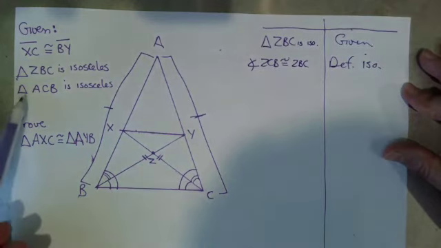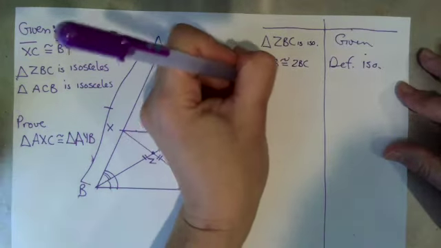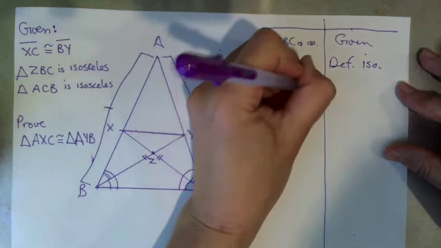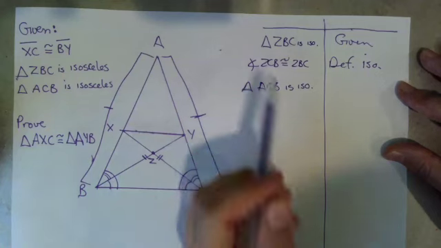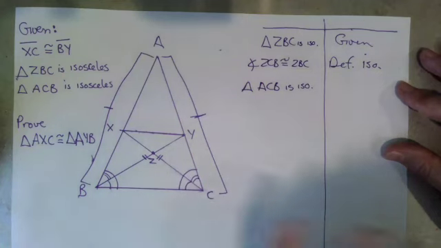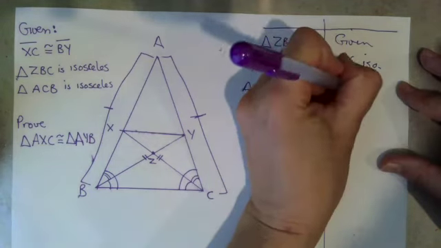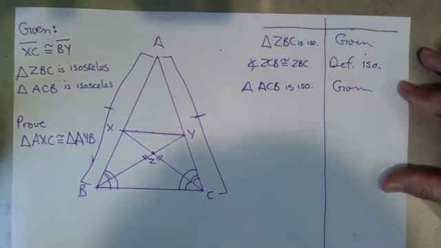Now I'm going to put in my other one. Triangle ACB is isosceles. And by the way, if you like to name all your givens first and then say this stuff, that's fine too. There isn't a wrong order here. That one was because given.